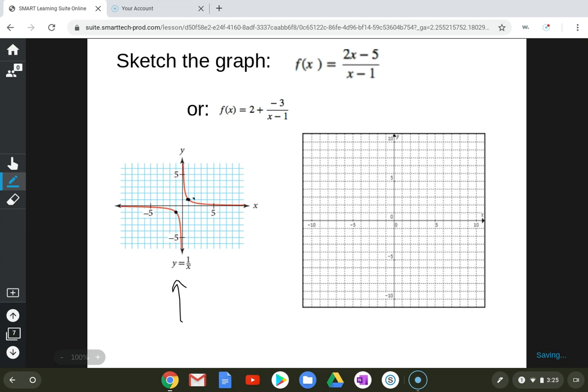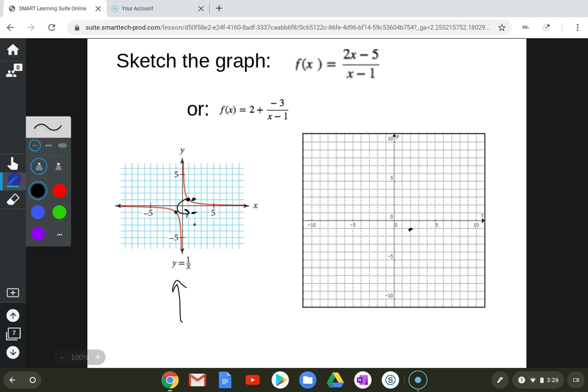I'm going to multiply the y value by negative 3. So my 1 is now negative 3. And then I'm going to shift up 2. Whoa. So my new point is at 2, negative 1. So this point right here moved to here.